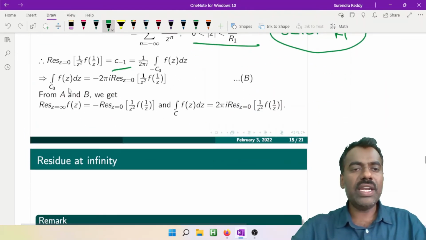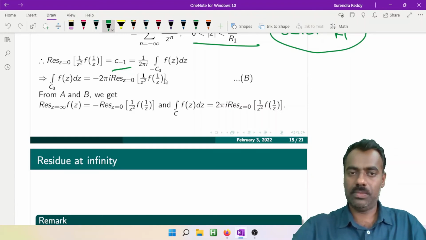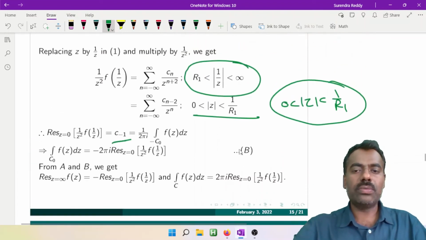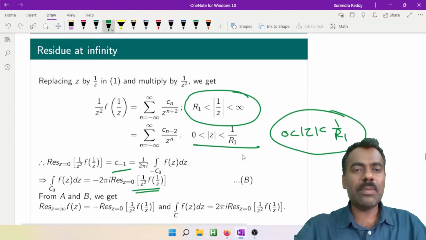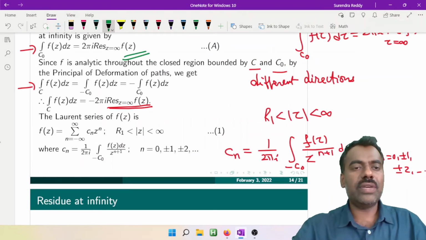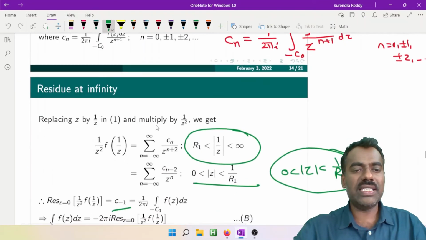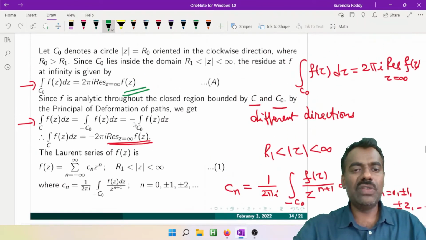Therefore, the integration of c naught f of z dz is, with a minus sign, minus 2 pi i times the residue of this new function 1 by z square f of 1 by z. Now take this b, which is this, and take the above one, which is a here. Then you can see that here also the integration of c naught f of z dz appears. So these two will be equal.